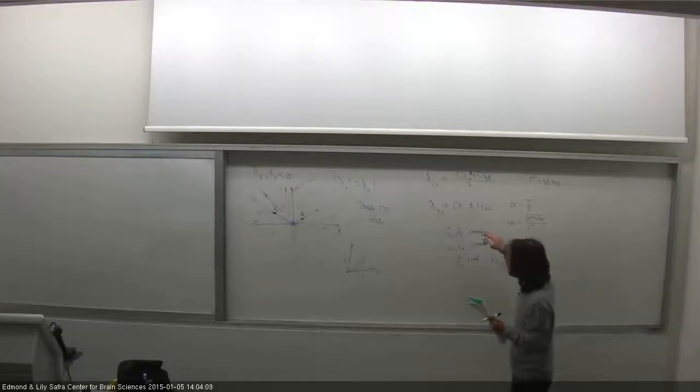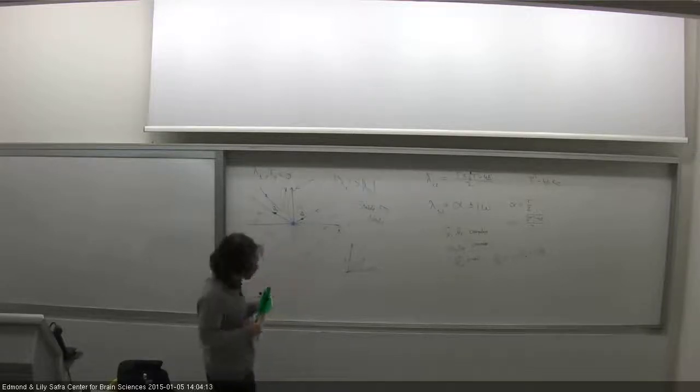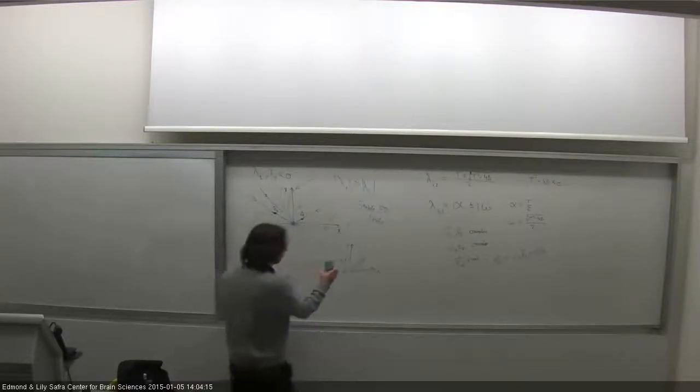Okay, so what does it mean? What does the system behave like when we have complex eigenvalues and eigenvectors?